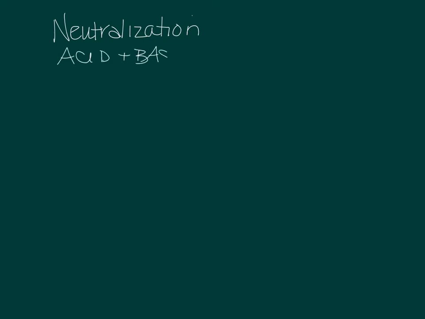Okay, there is a special type of double replacement reaction in acid-base chemistry, and we've already talked about it. It's called neutralization. And it's when you have an acid plus a base, and it forms a salt and water.